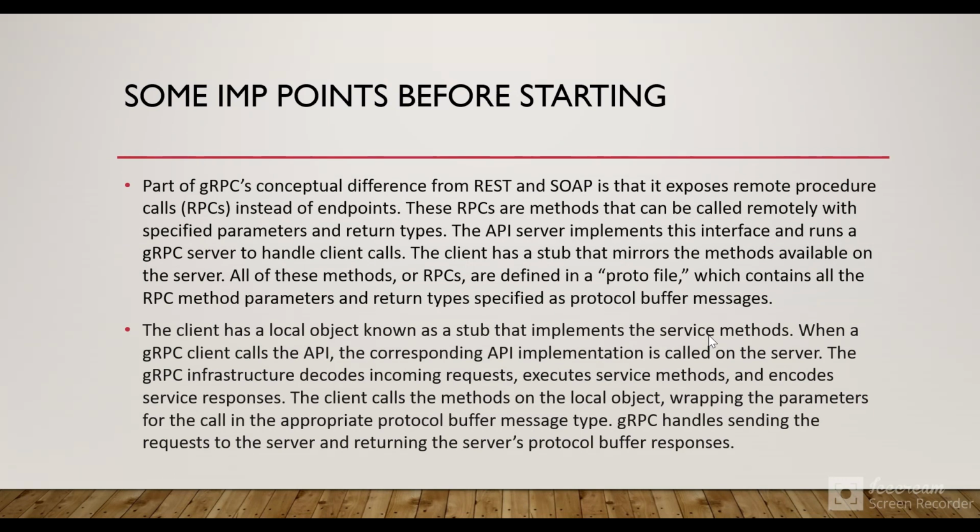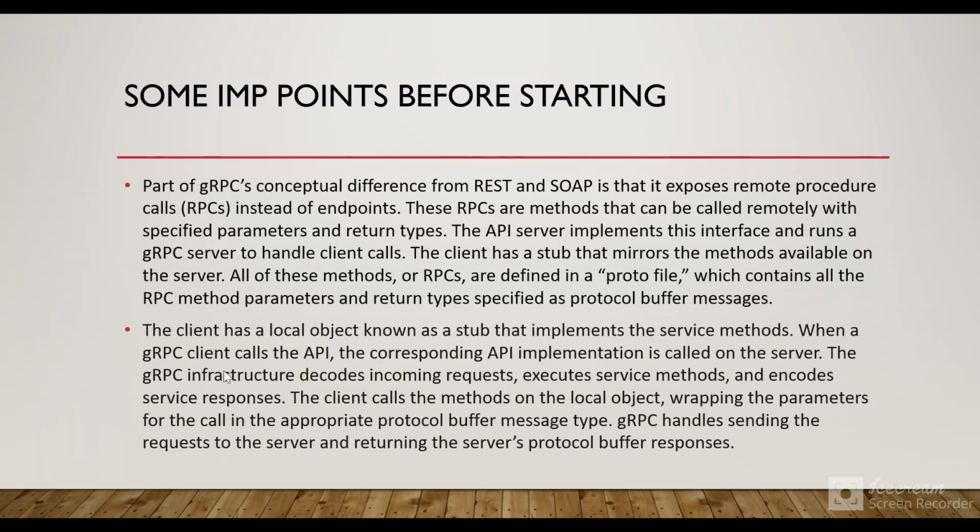You can say that a stub is a proxy. So we are using a proxy from our client, and that proxy implements those methods on the client side, and those methods are the same on the server side. And from that stub, we are calling the server side methods.